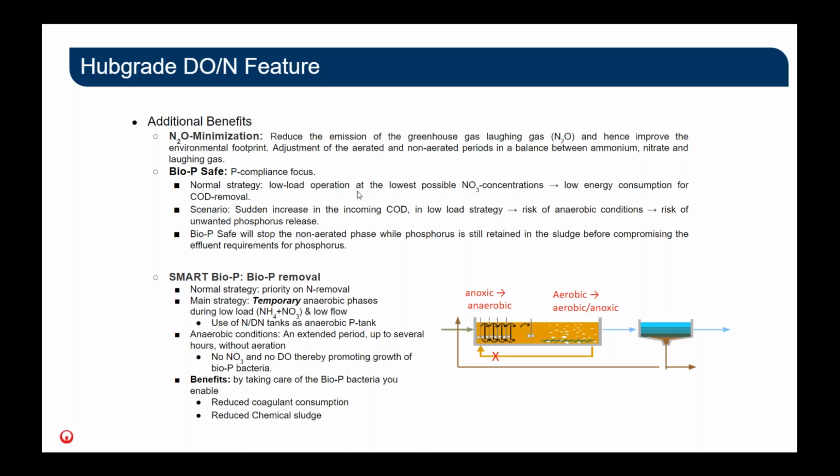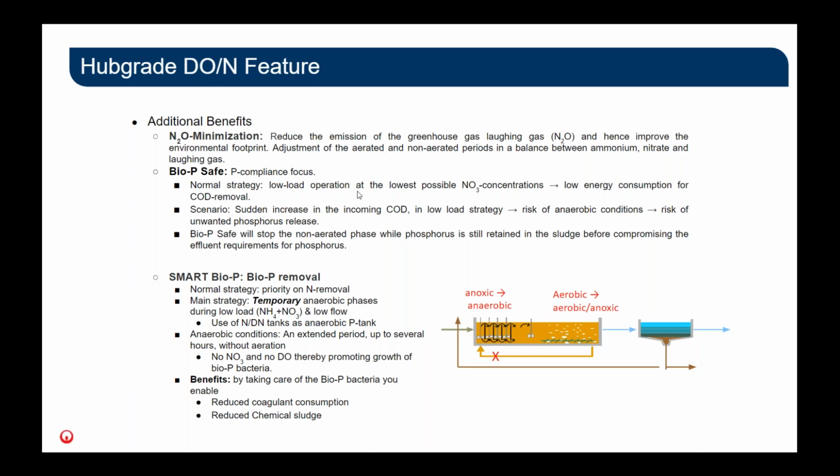There is a BioP safe feature, for when you have an effluent phosphorus limitation. With the DO and N control, if it's really, really well optimized, there are times where you can get into conditions where you might get some anaerobic conditions toward the tail end of the system. If that happens, you can release some phosphorus from the biomass.